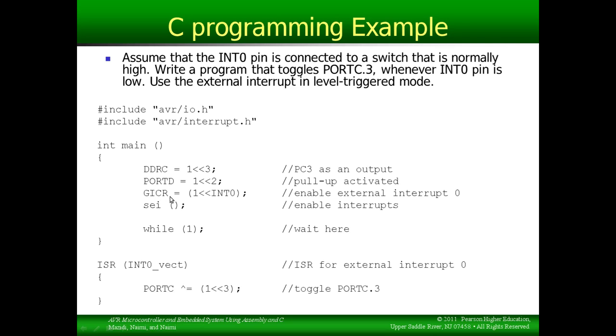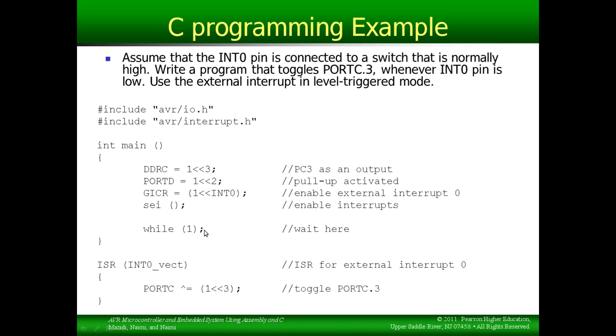So what we're doing is assigning a 1 to bit 6 of the GICR register, and that enables external interrupt 0. The next line is SEI, and this assigns a 1 to the I bit of the status register. So now interrupts are enabled globally, and this interrupt is enabled.